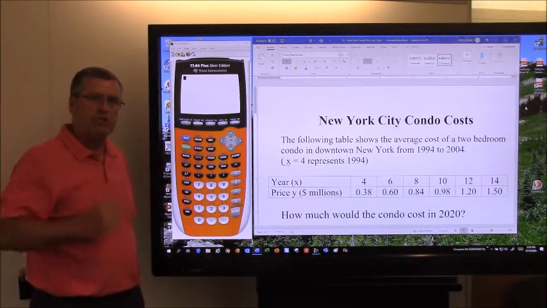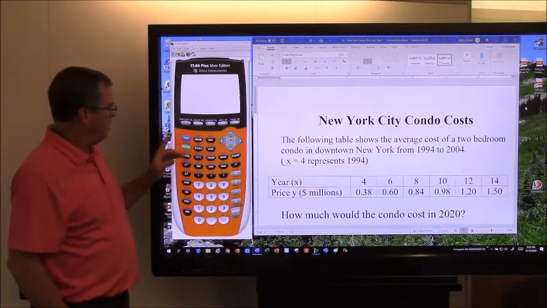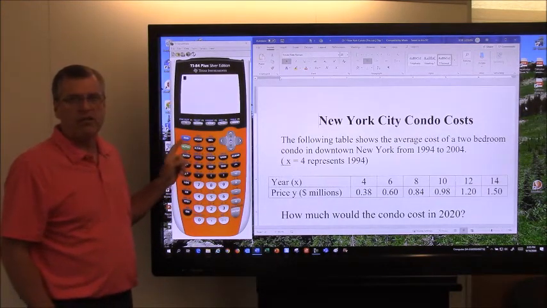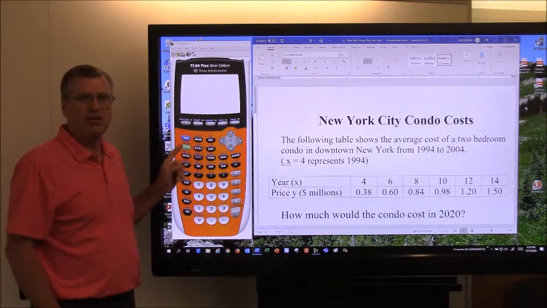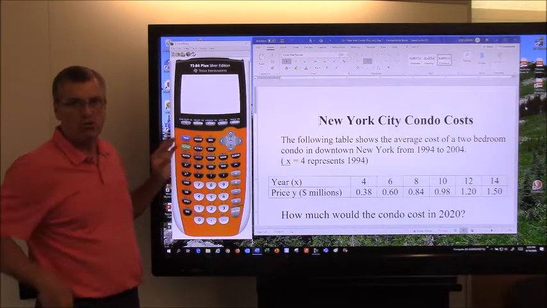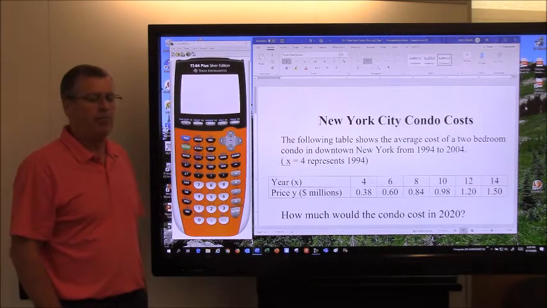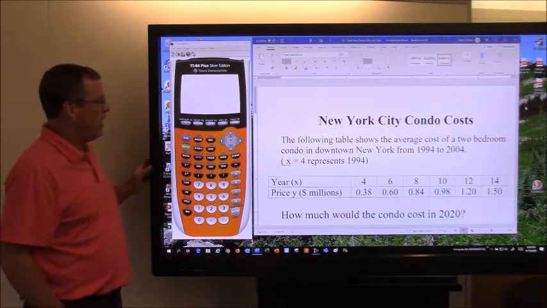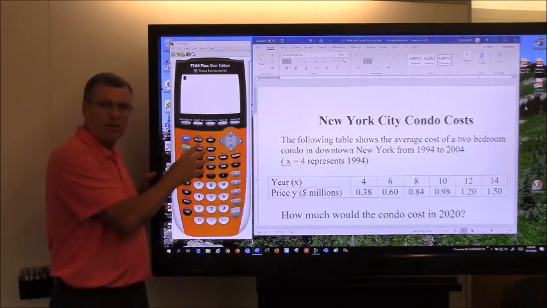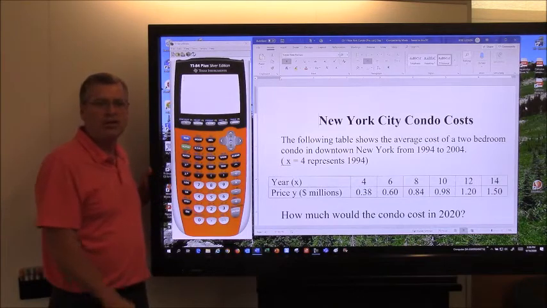That's really just the best guess for us, and the calculator will find out exactly what the answer should be if the trend continues. That's always a big question, if the trend continues. There's a lot of things that can happen that can affect that. So when we check our answer here against what we did by hand, if we got close to this, we should feel pretty good about that answer.